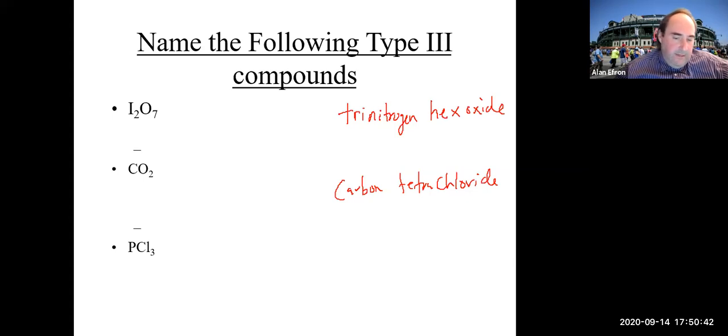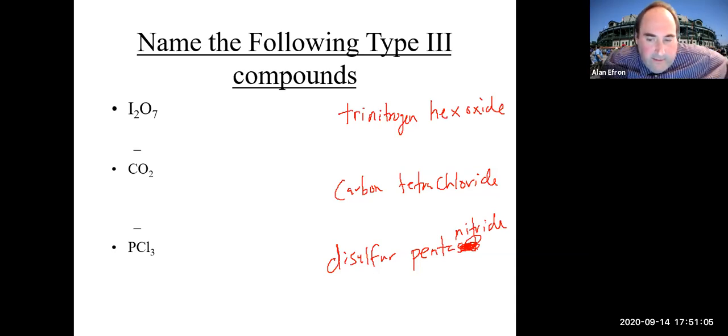Let's do disulfur pentanitride. All right, so one's on the left there. Let's go with names. One's on the right. Let's go with formulas. See what you come up with.